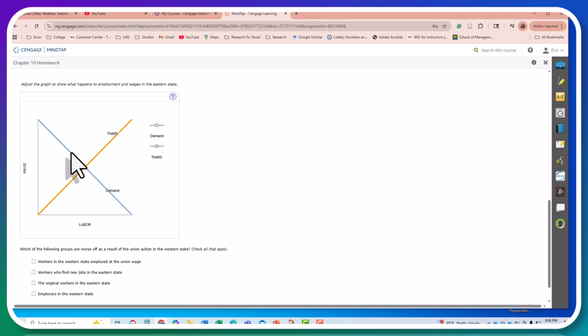The demand would go in the opposite direction. And how are you going to know which one it is? Well, if wages are here, the only way you're going to get the wages to go up would be to move it backwards or to the left. And the demand obviously would shift down. So they both would have that lovely little tidbit.